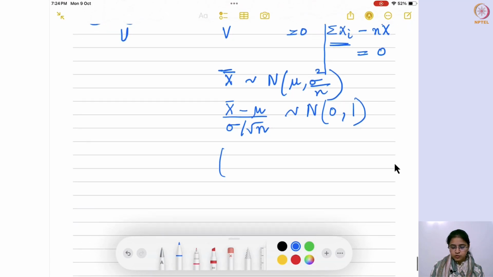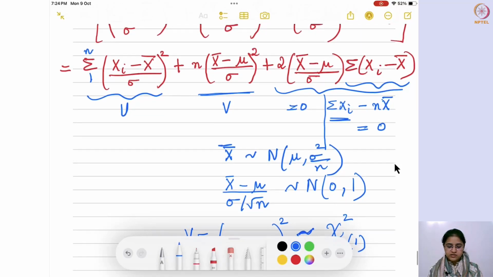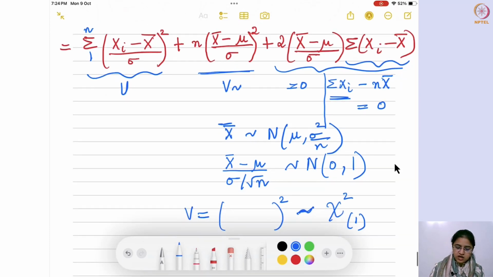If I take the square of this random variable, it is going to follow chi square with 1 degree of freedom, because we are talking only about x bar over here. And this is your V, because n is in the numerator, (x bar minus mu) by sigma whole square. So V follows chi square with 1 degree of freedom.